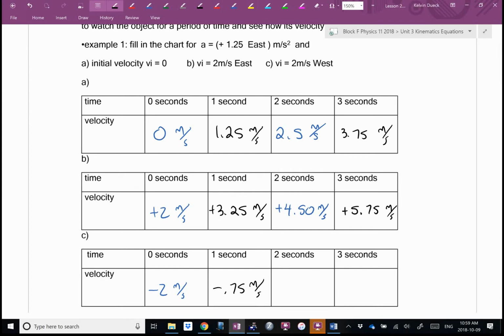Ooh. After 2 seconds, how fast are we going? How'd you get that? More specific, with what? You took that negative 0.75 and you added 1 second's worth of acceleration?